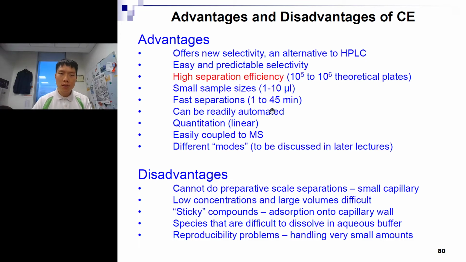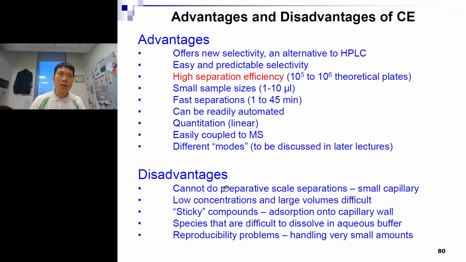Very fast separation. Easily automated, doing overnight. Quantification is very linear, it's proportional. Easily coupled to MS, mass spectrometry. So CE-MS is very popular. And there are different modes to scan different kinds of particles, talk about ions, nucleic acids, bacteria, proteins, etc.